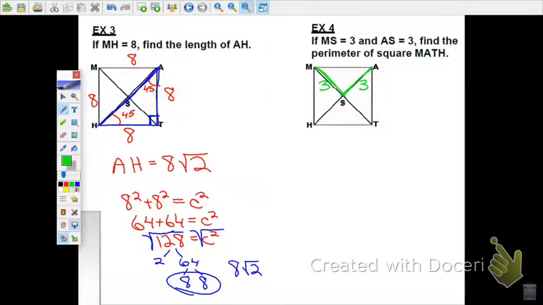A 45, 45, 90 triangle? Okay, so what triangle is a 45, 45, 90 triangle? MSA, this triangle here? Yep. How do we know that that is a right triangle? Where's my right angle? Angle S, because we have that property that tells us that the diagonals are perpendicular. So we've got that 45, 45, 90 triangle.